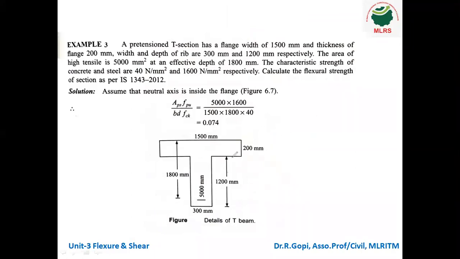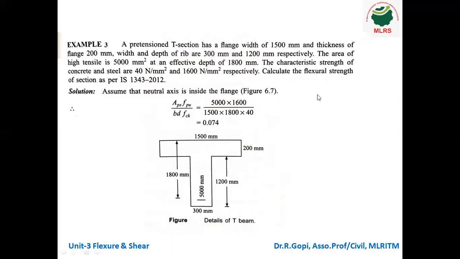So our assumption is wrong. The neutral axis lies in the web. This is the depth of neutral axis, XU value we got 289 mm, but the flange thickness is only 200 mm. So the neutral axis lies outside the flange, that means below the flange.